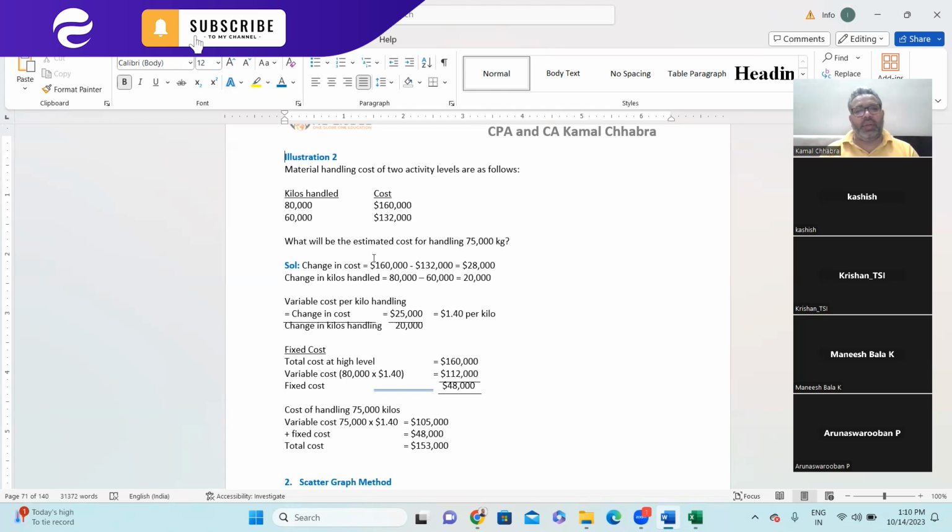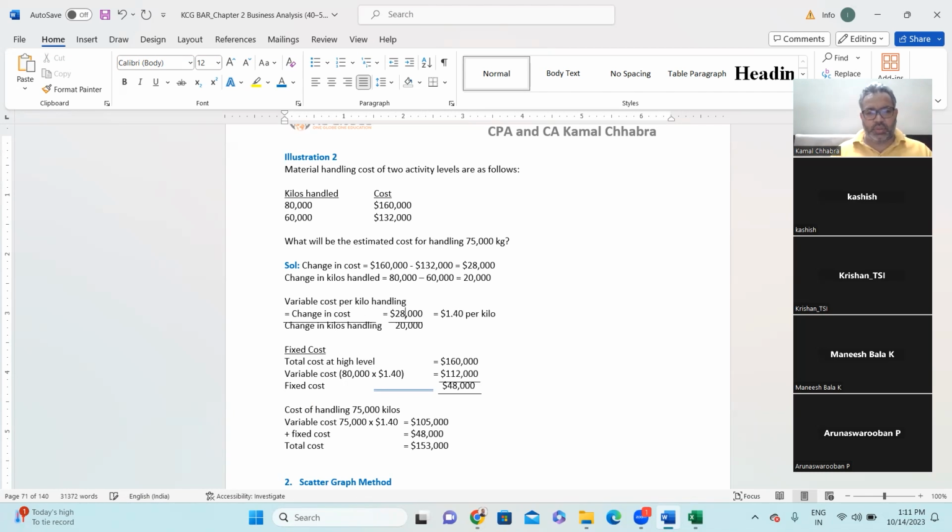Change in activity, 80,000 minus 60,000, that is 20,000 kg. So what will be the variable cost per kg? 28,000 divided by 20,000, that is $1.40 per kg.